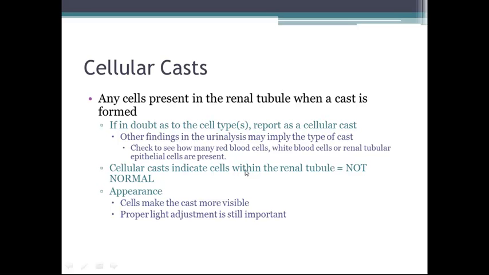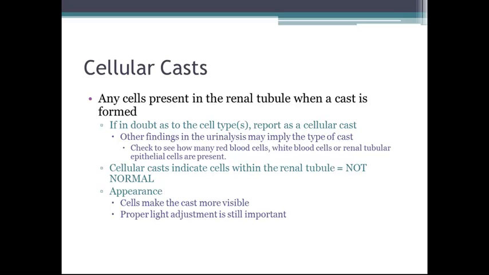Cellular casts: any cells present in the renal tubules when the cast is formed. If in doubt as to the cell type, report as a cellular cast. Other findings in the urinalysis may imply the type of cast, so go back to your physical and chemical findings. If there are red blood cells present in the chemical findings and you think it might be a red blood cell cast, making those correlations will help you determine what type of cast it is.